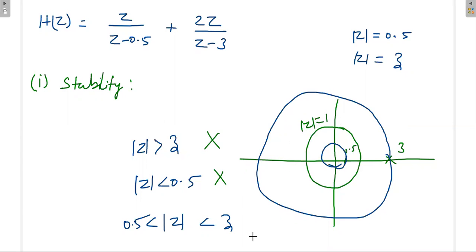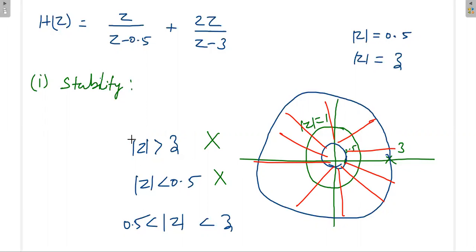But in this case, we will include the unit circle, because we are choosing this region. That means mod z is greater than 0.5 but less than 3. In this region only we are getting the stability nature.